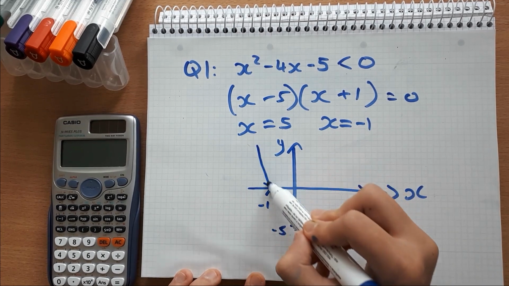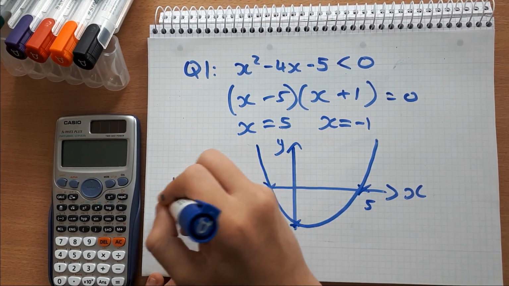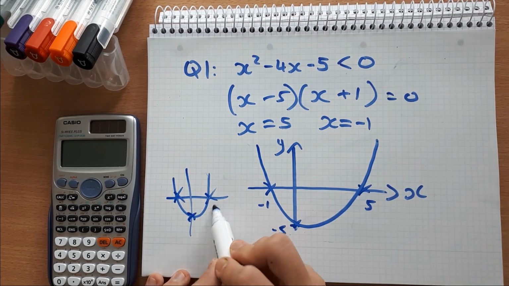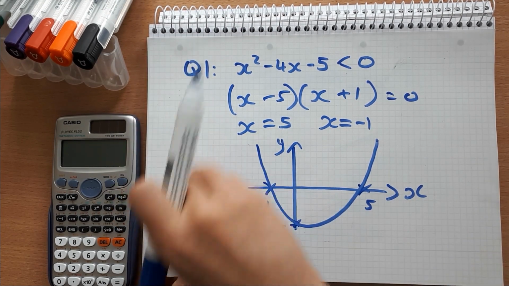Doing a nice curve. Obviously that is quite good if you can do that. However, it is perfectly acceptable just to do this. And then there's 5, there's minus 1. Perfectly acceptable just to do that because the diagram is just to help you get your final answer. But anyway, we'll use the nice one.